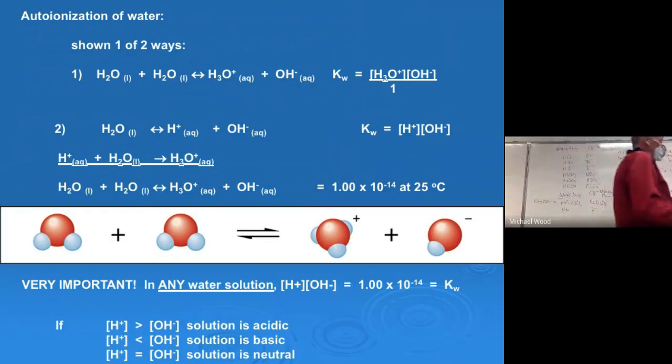Now, what's on the bottom here? You might want to write this in over to the side if you care to. Hopefully it makes sense that if the H plus is greater than the OH, it's acidic. If the OH is greater than the H plus, it's basic. And if they're equal, it's neutral.